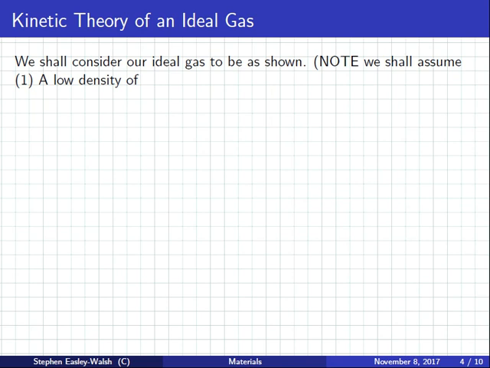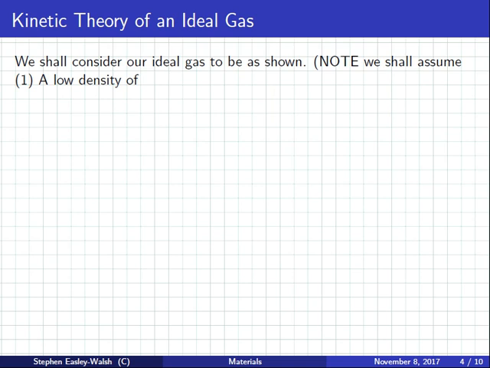So when we think about a gas, we think about it being low density. In the exam, a normal question for this would be, what are the assumptions of an ideal gas, or what are the properties of an ideal gas? So this is property 1.